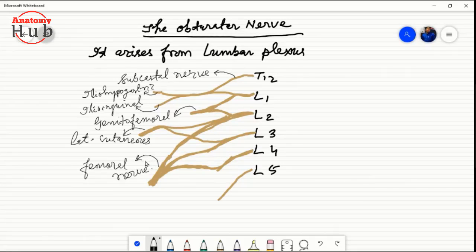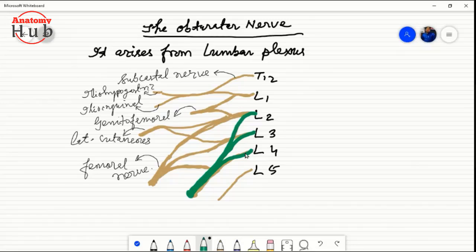Now from the L3 and from the L4, another nerve will arise, from the L2, L3 and L4. I will give this one another color. From the L2 spinal nerve, the L3 spinal nerve and the L4 spinal nerve, here it makes another nerve.